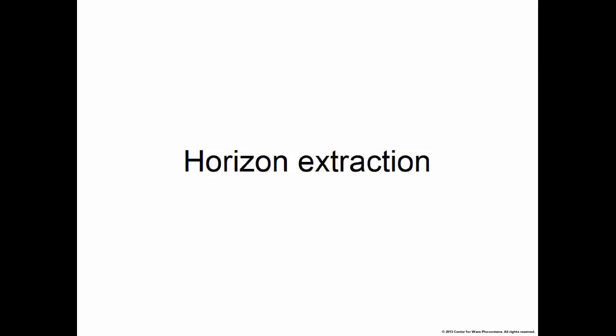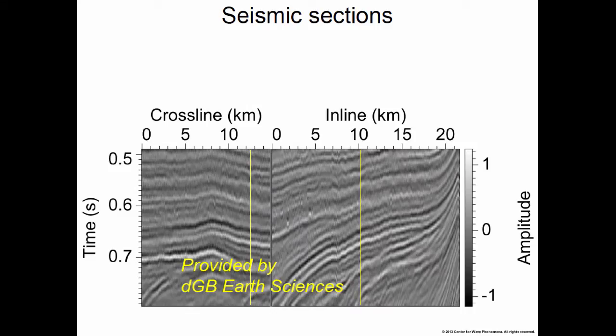First of all, let's talk about how to extract horizons in simple cases like the 2 seismic sections shown here. These cross-line and inline seismic sections are extracted from a 3D seismic image which was provided by DGB Earth Sciences.